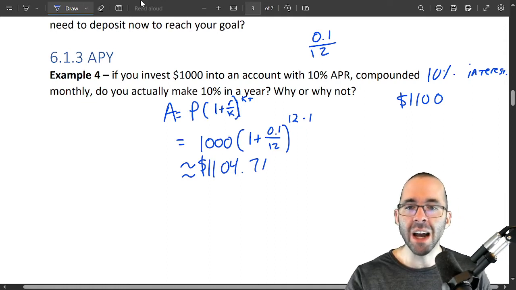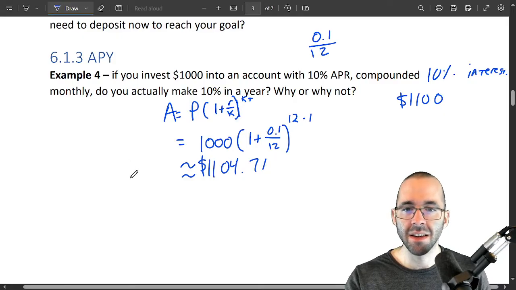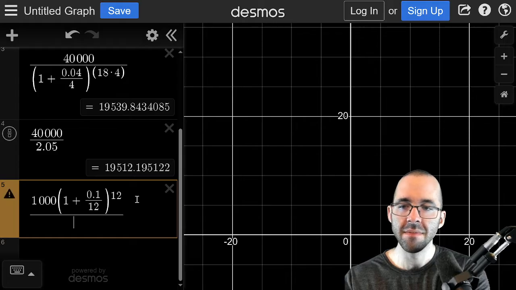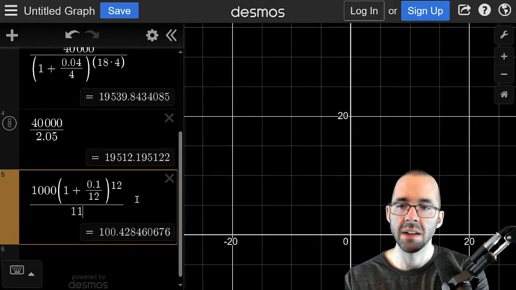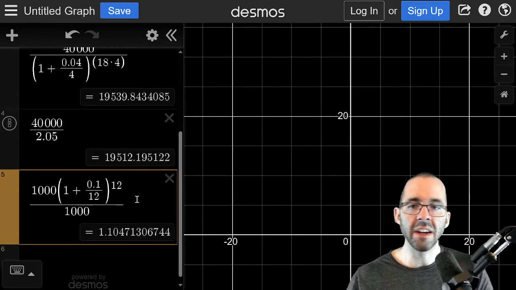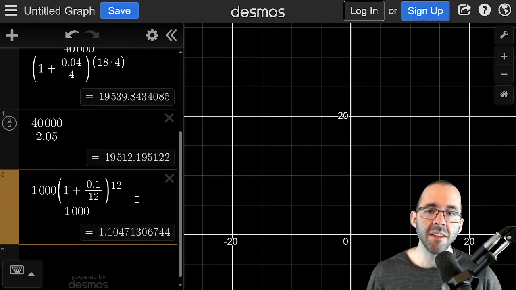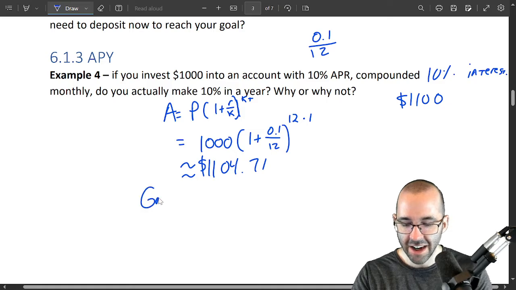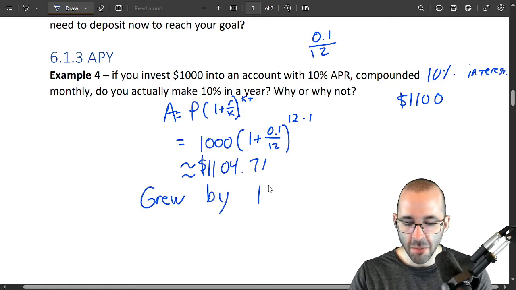So how much money did we actually make? It's this money divided by the starting amount, that's 10.47%. It actually grew by 10.47%.